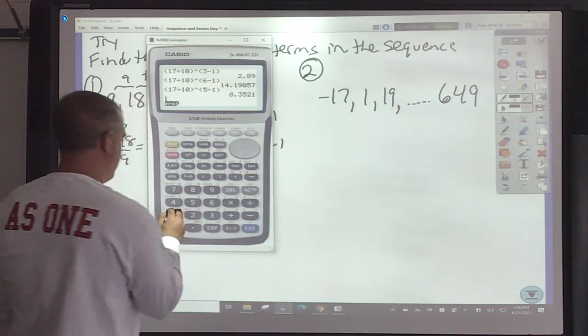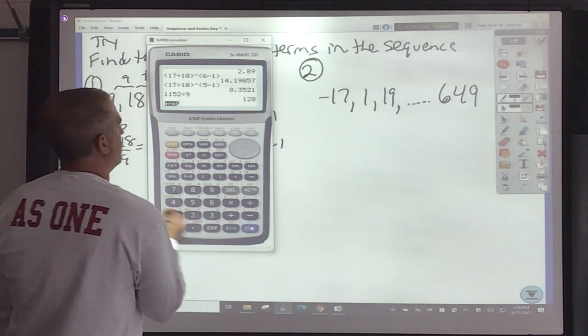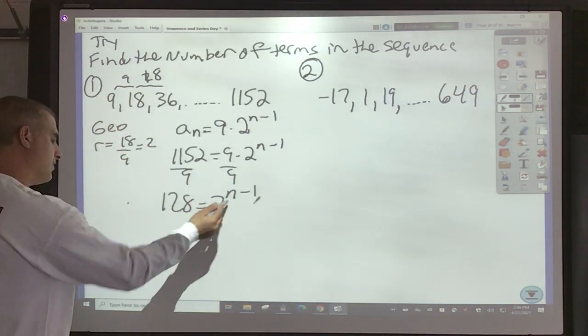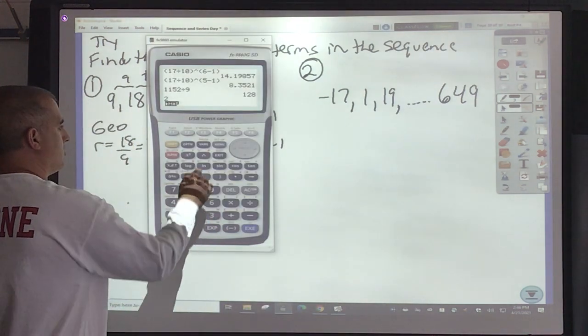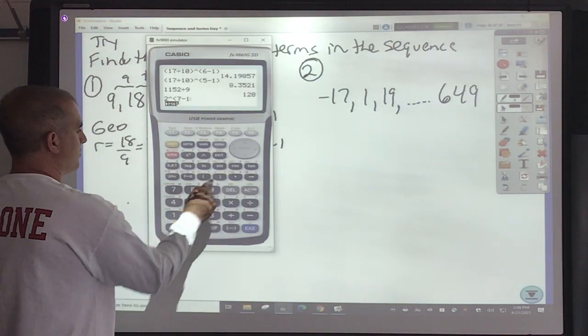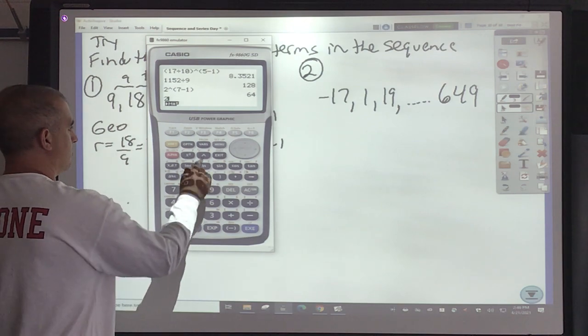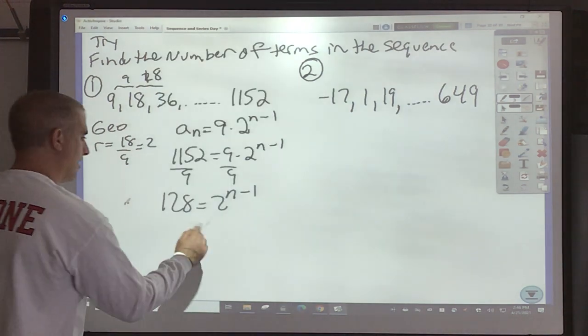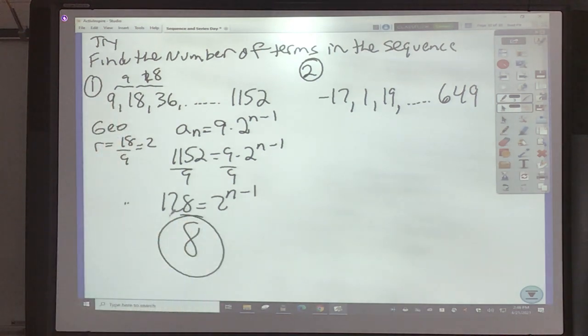So 1152 divided by 9 is 128. So 128 equals 2 to the n minus 1. So I just got to play around with this. 2 to the, let's say 7 minus 1. No, that was pretty close, 8 minus 1. That gets me 128. So that would be my answer, 8.